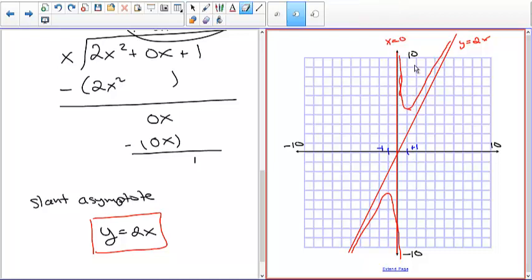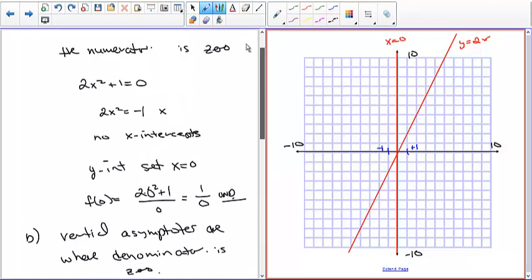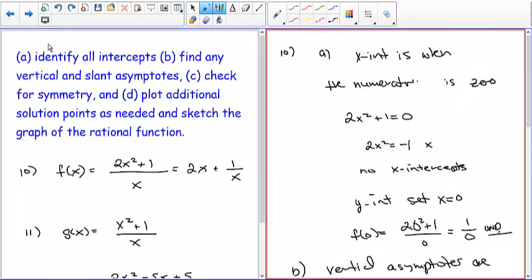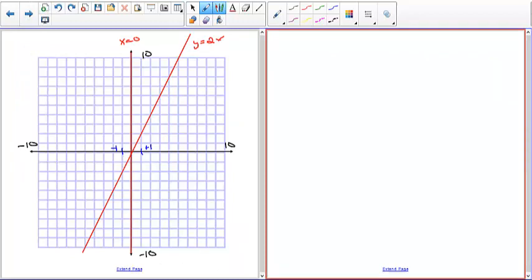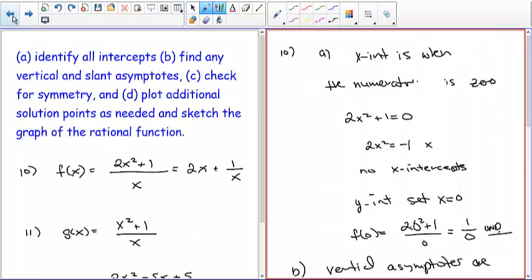So let me get rid of those, just approximations. So remember the function is f of x equals 2x squared plus 1 over x.